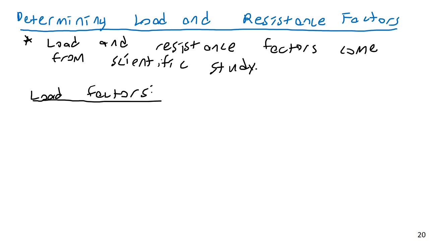Maybe Houston, we never assume snow, but what is the actual chance per year of snow happening? And what do we have to multiply our assumed snow load in Houston or anywhere else by?